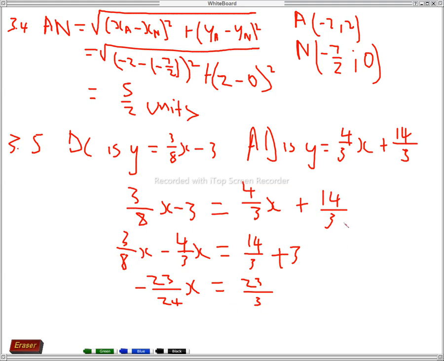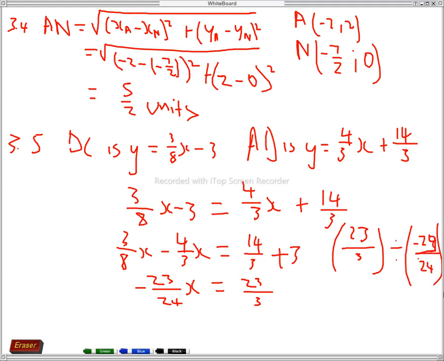When you punch this on your calculator, some learners find it difficult. These fractions are too much. So what are you going to do? Let me show you: 23 over 3, put it in brackets and divide it by the negative of 23 over 24.